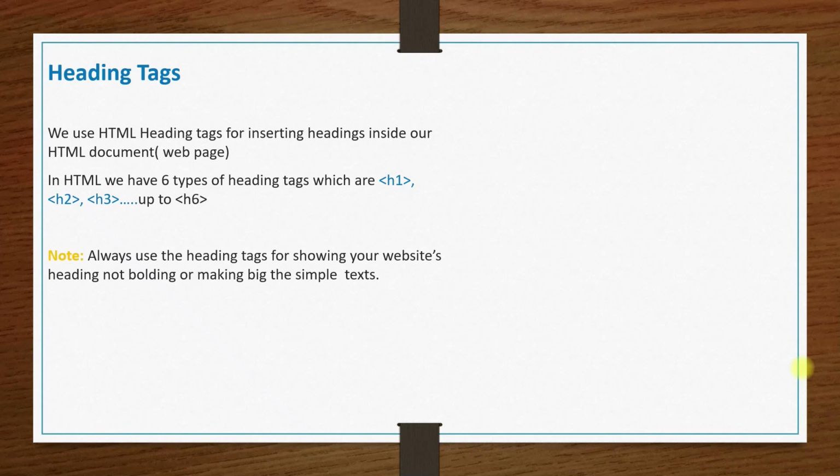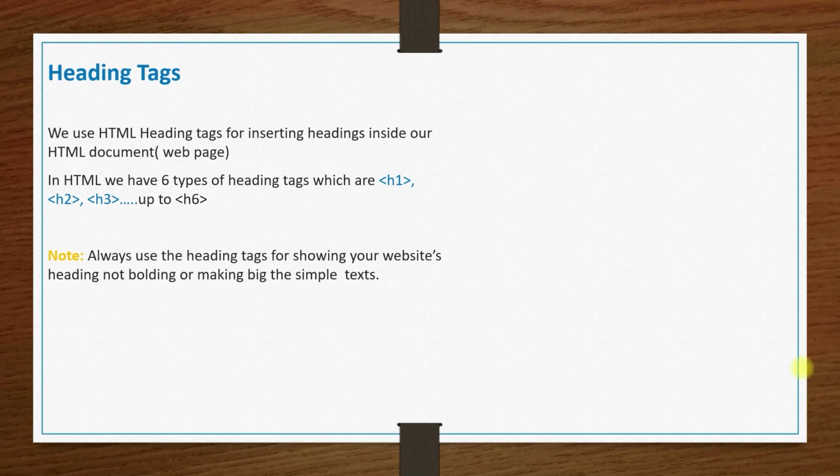There's one note: always use the heading tags for showing your website's heading, not for bolding or making big the simple texts. Look, if you have simple texts and you want to make them bolder or bigger, it's no good using heading tags.